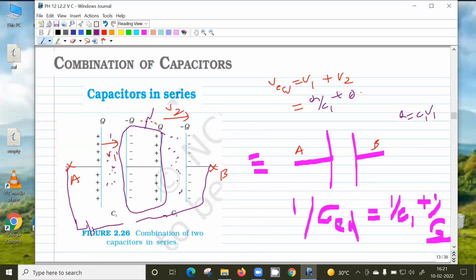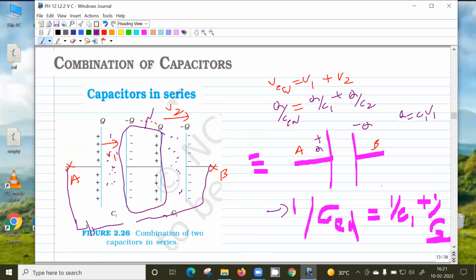Similarly V2 as Q by C2, and V equivalent is Q divided by C equivalent. The same plus Q will be here and minus Q will be here. So from this we get the relation 1 by C equivalent equals 1 by C1 plus 1 by C2. Is it clear? Yes, sir.